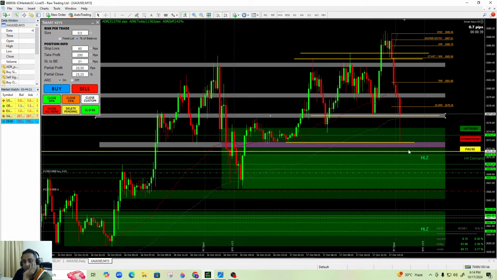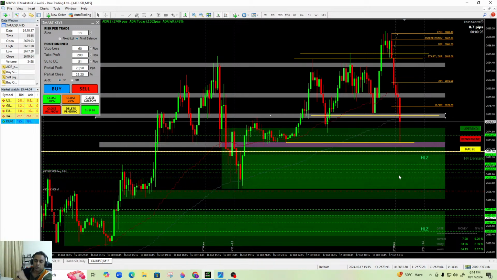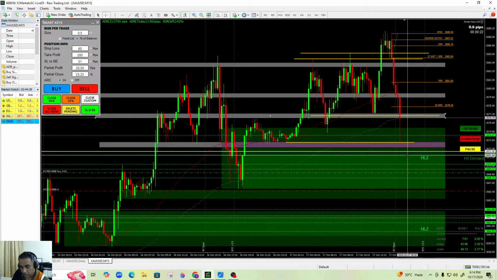So there's no opportunity for me to get on buys because I was looking for buys further down here. That's the area I'm willing to take buys, not here. This is too much of a zone. 70 pips is too much for me. This would have been ideal. Somewhere here or here would have been fine. So that's support there.